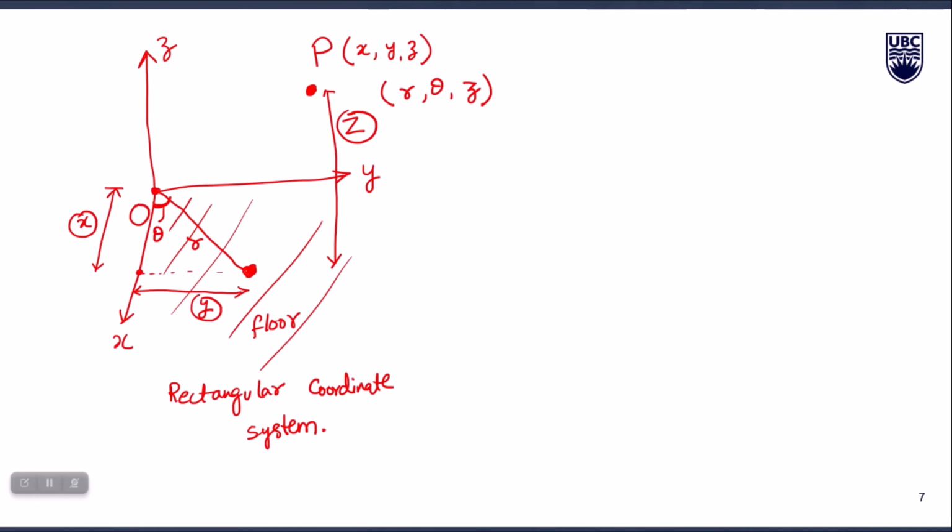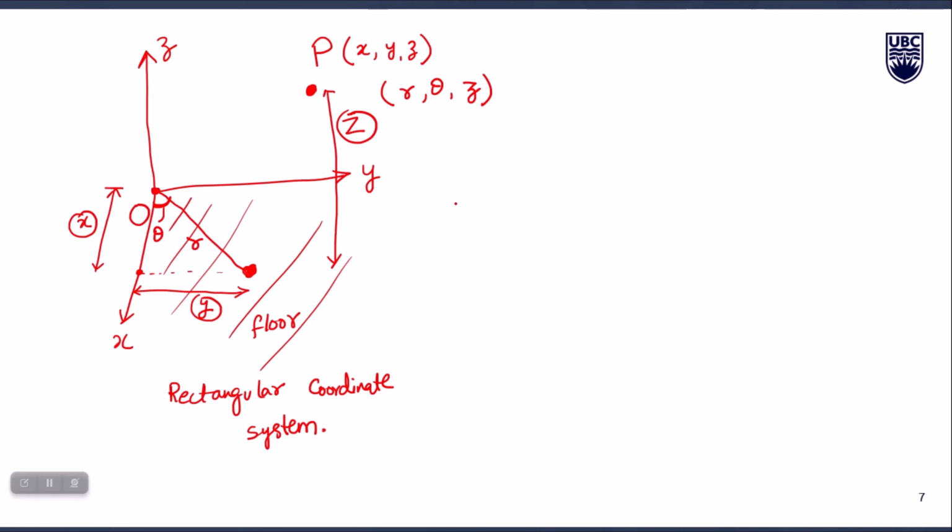Small r will be the length which I follow in a diagonal manner in the xy plane, and that small r will be making an angle theta with the x-axis. So I should know theta because there can be infinite small r paths, but I should select the one which makes an angle theta, and then again move up in the z-axis just like the translational rectangular coordinate axis, right?